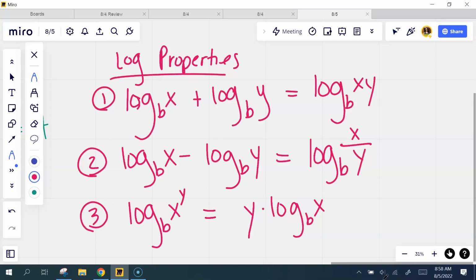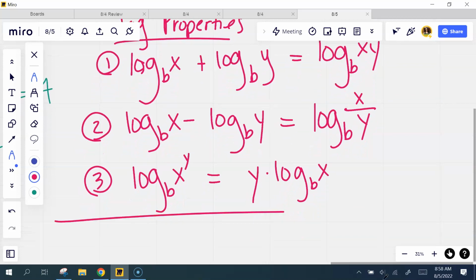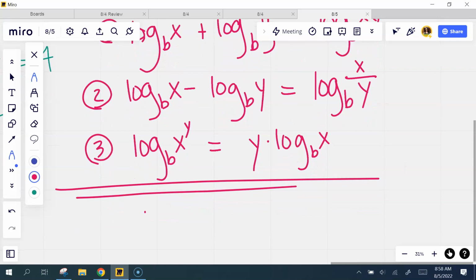And then there are a couple of properties that follow these or stand from basic definition of logs. Things like if you raise some value to a log and the base of the log is the same as the base here, what does that simplify to?